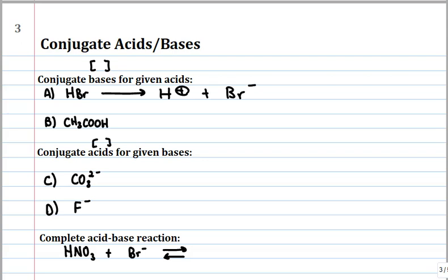Now, how do I know that it produces Br minus? Well, if you have something that's HBr and not charged, and it donates, loses a H+, then what's left over has to have a negative charge. So this right here is the conjugate base of HBr.